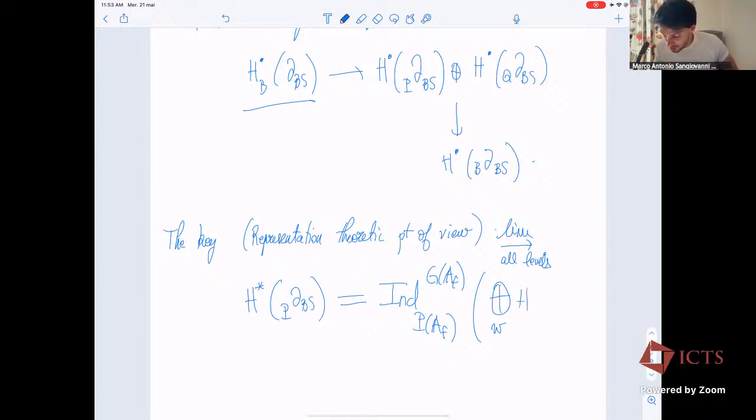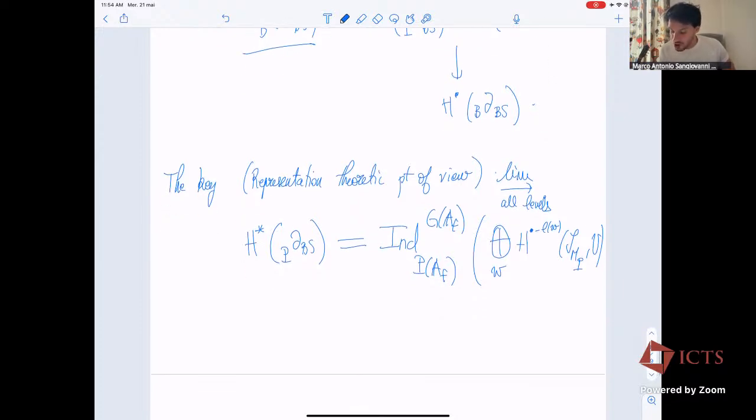The cohomology in degree l of W is the cohomology of the locally symmetric space for M_P with coefficients in some sheaf. I will not say what this sheaf is; it depends on who W is. But the upshot is that the cohomology of the boundary is an induced representation.